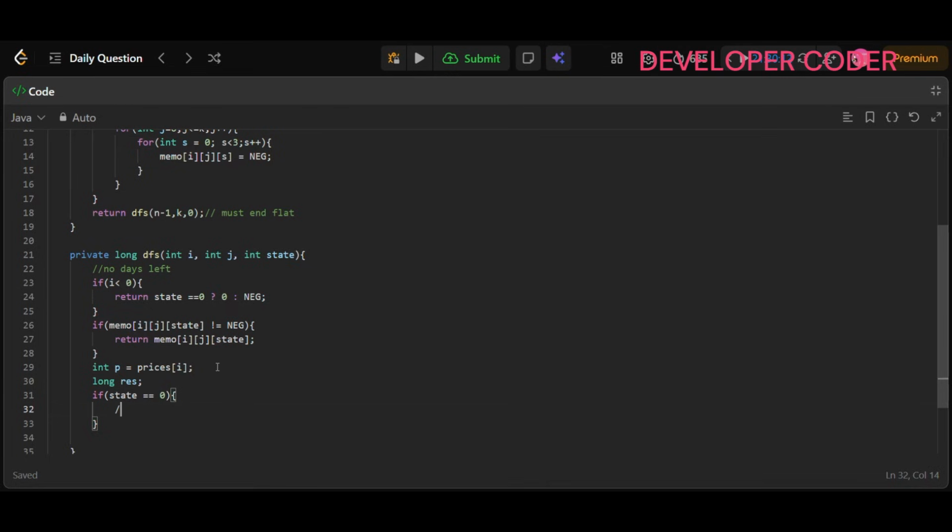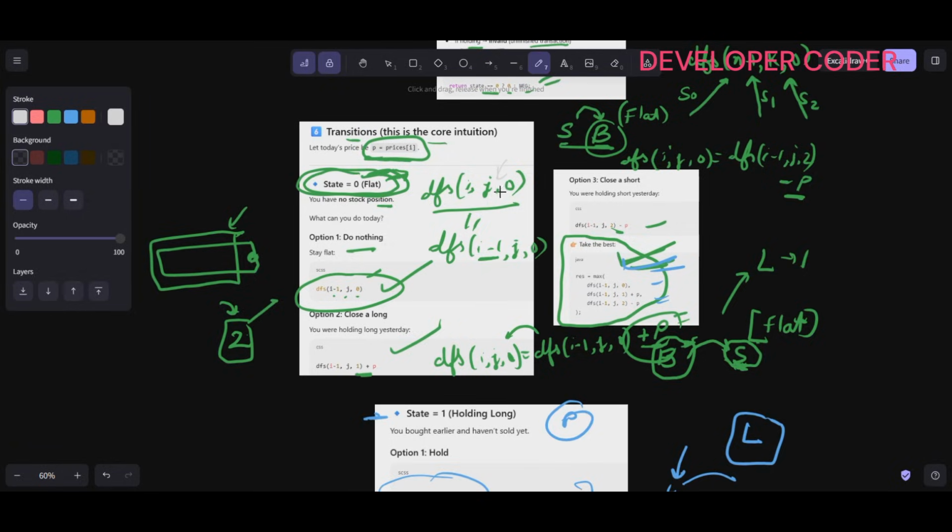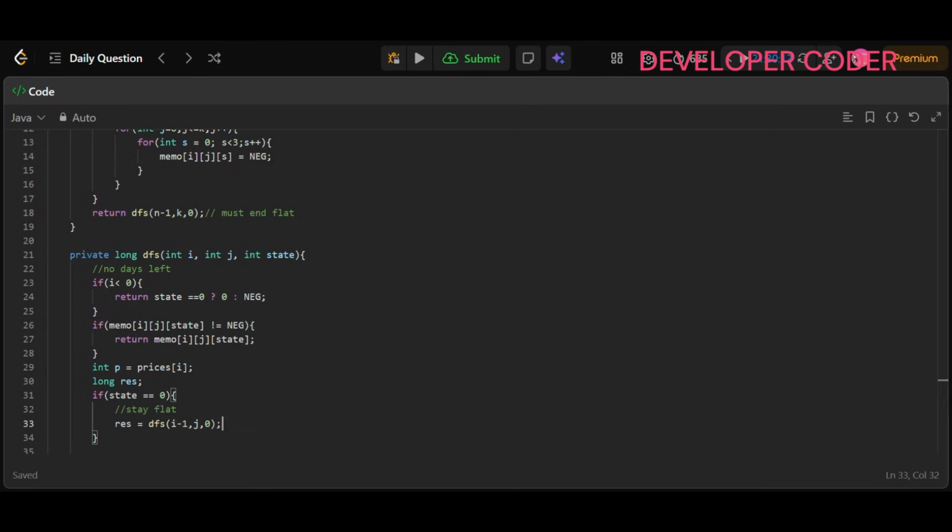Here I will say stay flat. In this case result is nothing but dfs of i minus 1, and then just write j and 0. No change. So dfs of i, j, 0 is nothing but dfs of i minus 1, j, 0. Done.